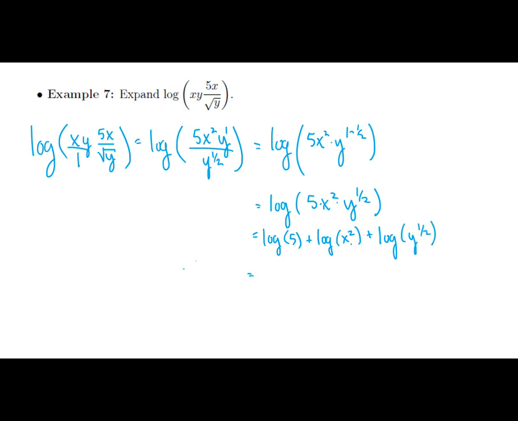And then my last step here is these two that have exponents. Let's take care of that with property number 7 and say that the exponent can come down and multiply by the log of x, and the 1/2 can come down and multiply by the log of y.